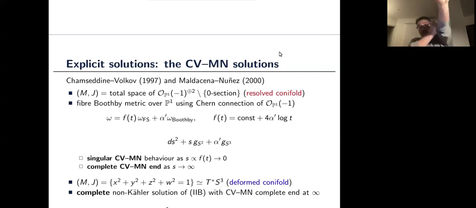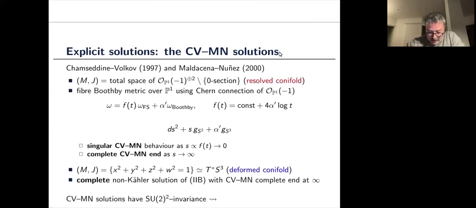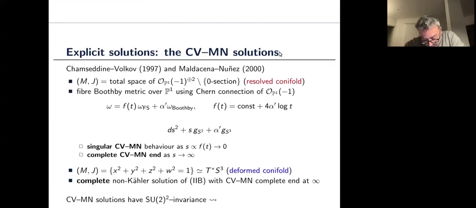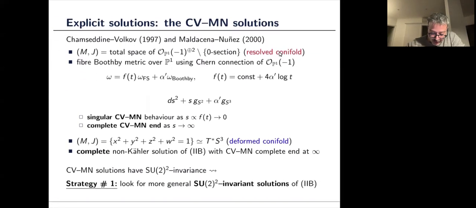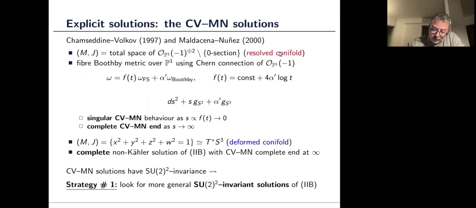And now the question is, can you produce more solutions? If you look at these particular solutions that are explicit, the reason that they're explicit is that they enjoy a very large symmetry group.